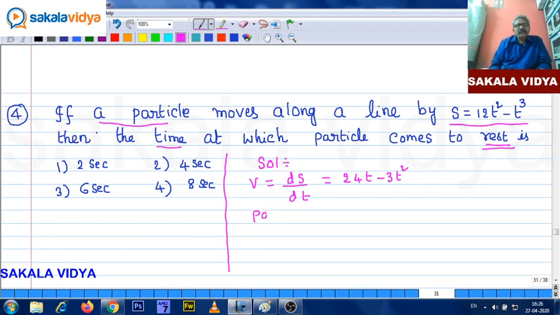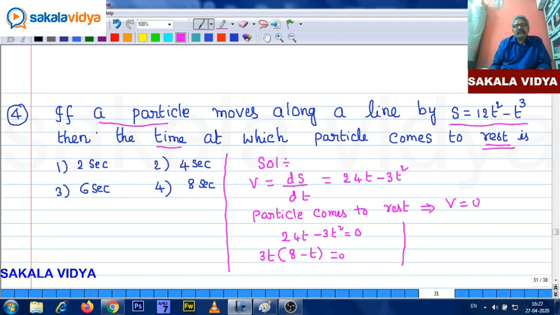Particle comes to rest means final velocity becomes 0, not initial. That means 24t minus 3t square is equal to 0. Take 3t common, we get 3t times 8 minus t equals 0.